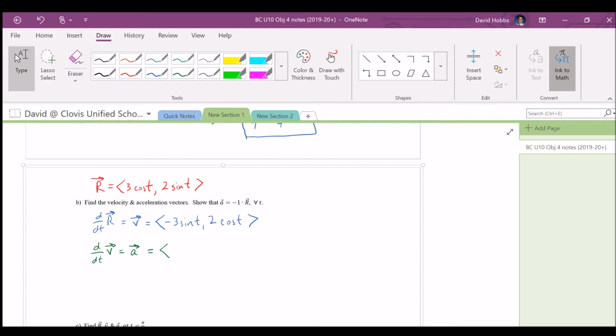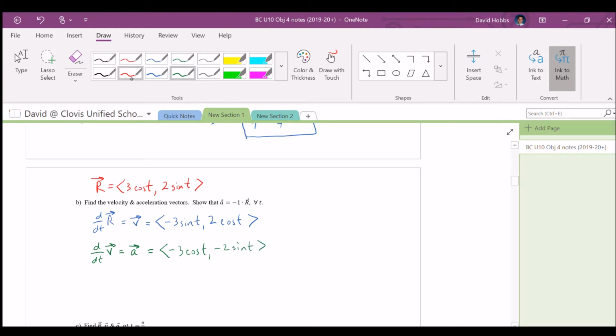Okay, and the acceleration vector is the derivative of the velocity vector, and so negative 3 sine t gives negative 3 times cosine t, and the derivative of 2 cosine t would be 2 times negative sine t, or negative 2 sine t.